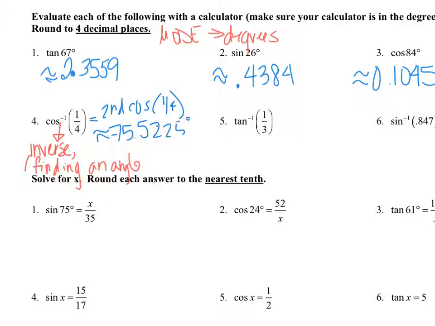You are finding an angle, and our calculator is in degrees, so you need to make sure that you have the degree symbol. All right, go ahead and try the next 2 examples, please.